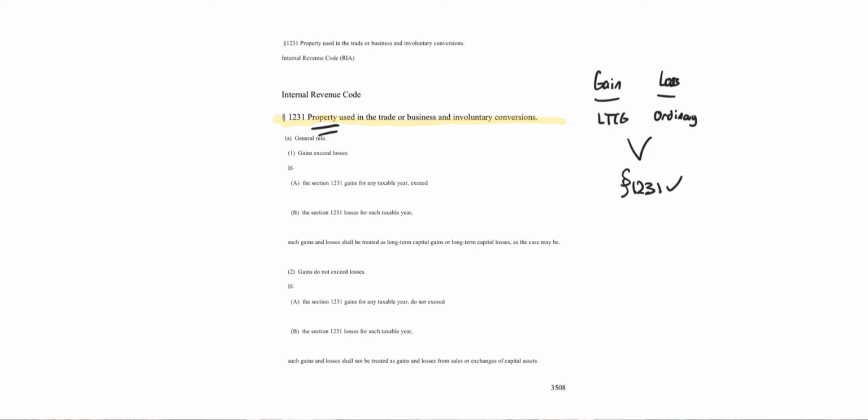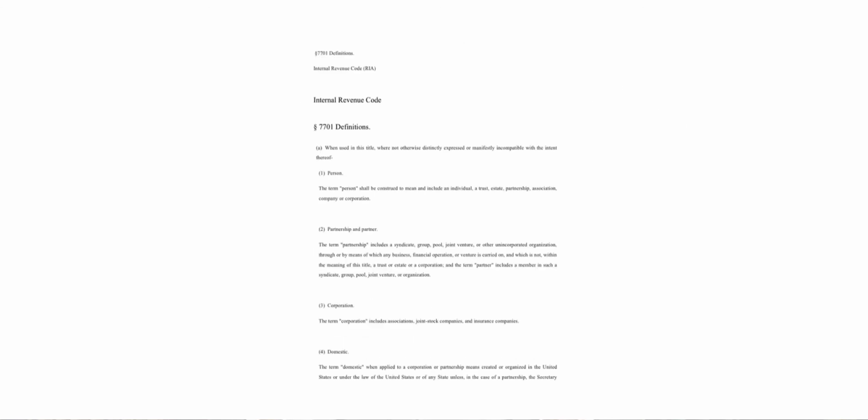So let's continue on. Our last code section we're going to look at is section 7701. Okay, so section 7701, last code section we're going to look at, and then we're going to jump into some actual tax scavenger hunts, some scenarios.